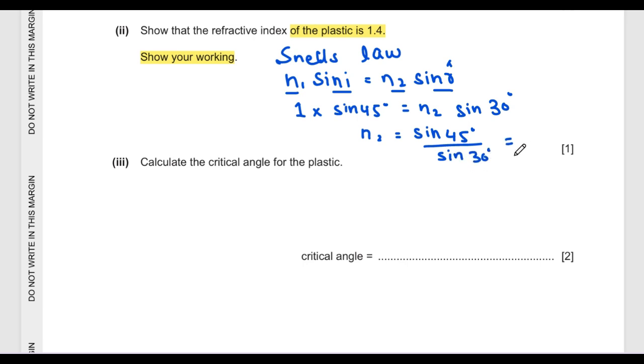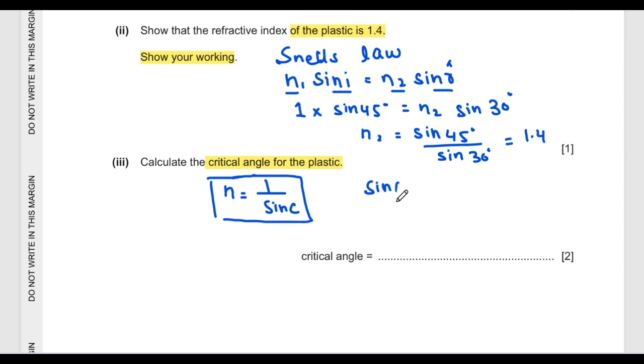Putting all this into your calculator will give you 1.4 as the refractive index of plastic. Second question is saying calculate the critical angle of the plastic. The appropriate formula is refractive index equals 1 over sine of critical angle. I will arrange this equation with respect to critical angle. So sine of critical angle will go that side and refractive index will come this side.